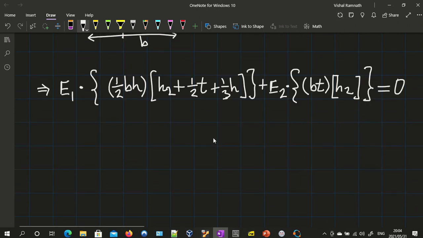We can solve that for H2, and then this would imply H2 is equal to, after a lot of simplifications, you can solve this equation, do various simplifications, and right at the end of the day, you'll end up with the following formula.